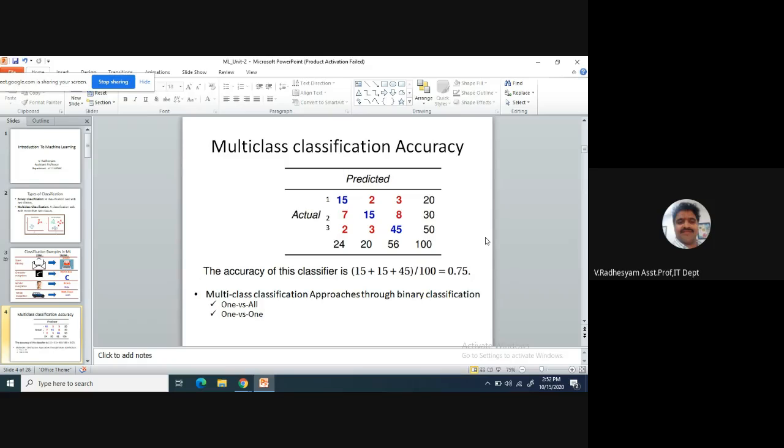Here also horizontally assume 1, 2, 3. 1 is recognized as 1. 1 should be recognized as 1, which is 15. 1 is recognized as 2. That is two cases. Here you see.